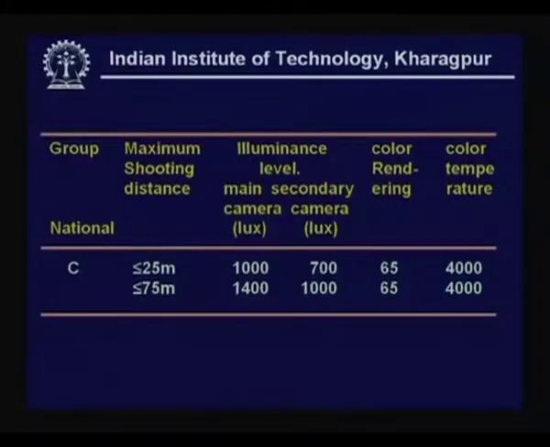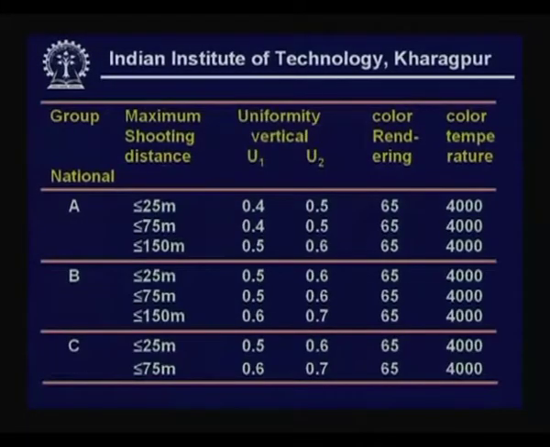This table in fact shows the second important index that is necessary from the point of view of sport lighting, that is the uniformity index. This is giving the uniformity indices U1, U2. What was U1? U1 was the minimum illuminance to the maximum illuminance, whereas U2 was minimum to the average.